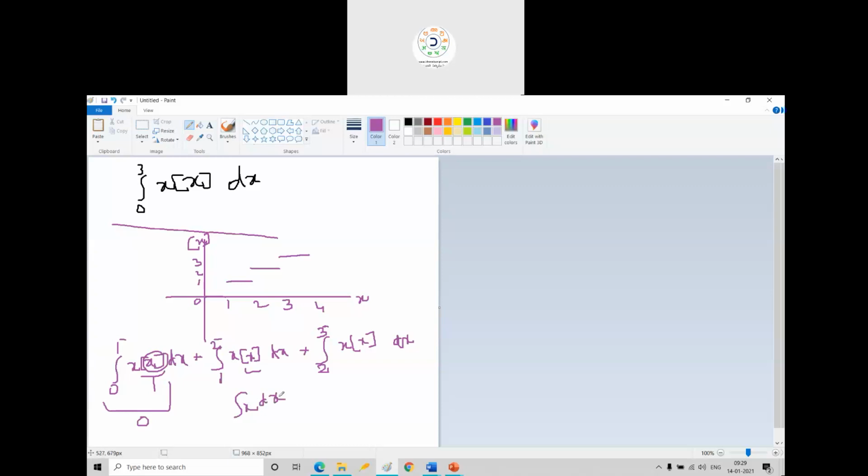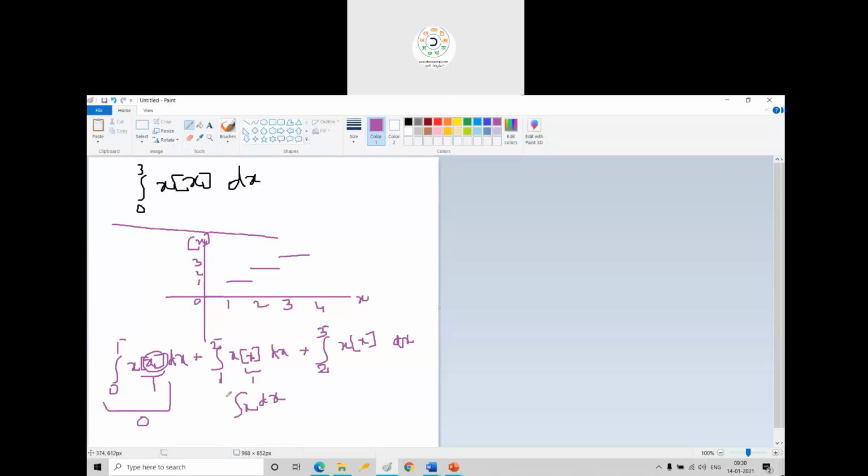Right. That value is constant, right? That value is 1, the step x value is 1.